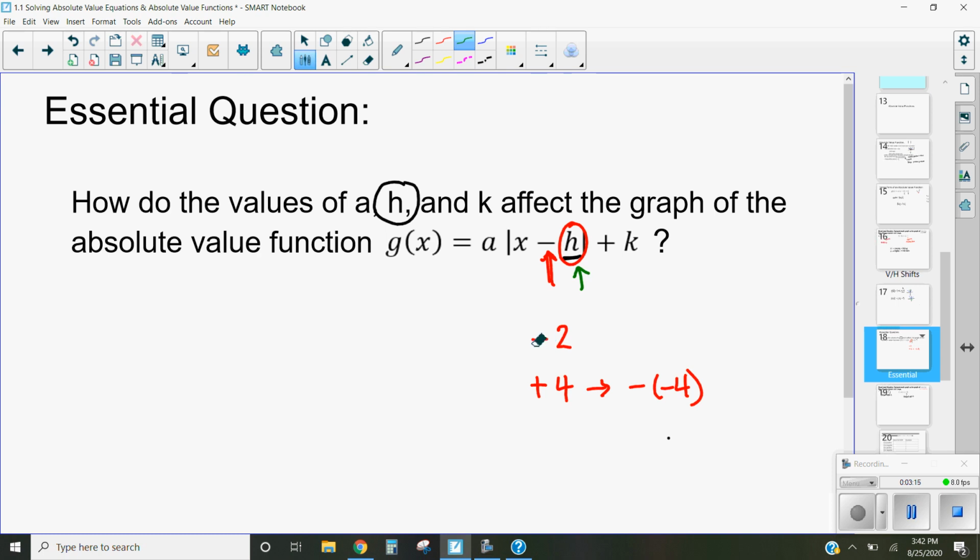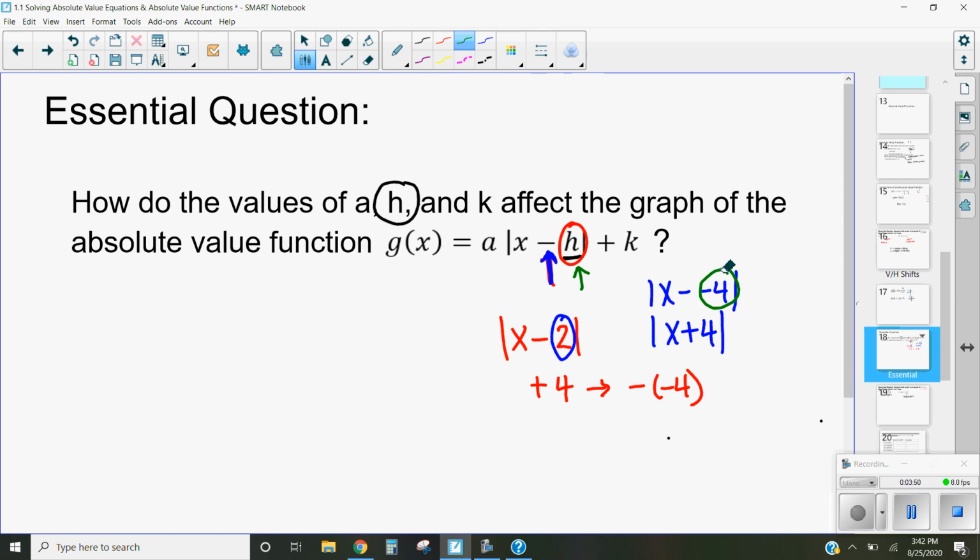So when we have the absolute value of x minus 2, our h value is actually a positive 2, because there's this minus sign here. In that other problem, where it was x plus 4, this could also be written as x minus negative 4, because minus a negative is the same as a positive. And in that case, the value we're looking at for h is actually a negative number.